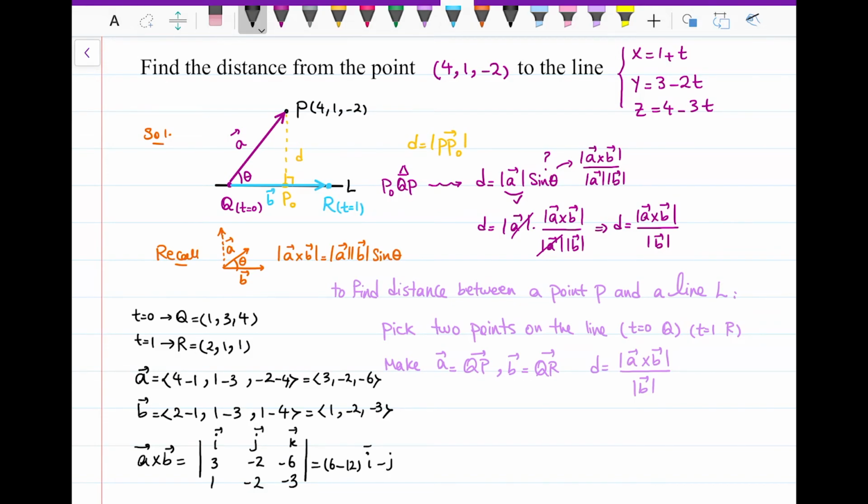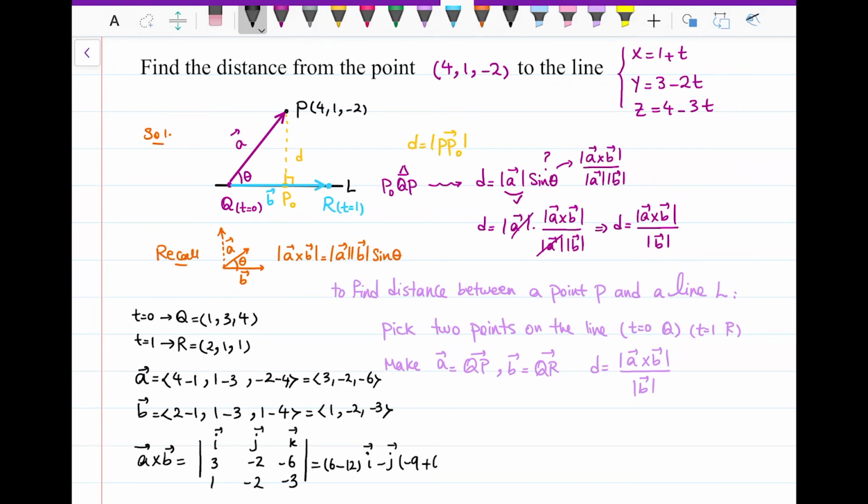Then minus j, I'm going to remove the row and column containing j. I am left with this minor in here, which would be 3 times negative 3, which would be negative 9, minus negative 6 times 1.